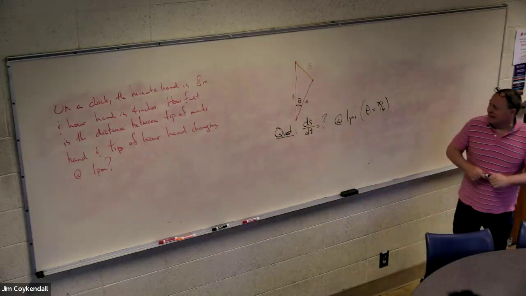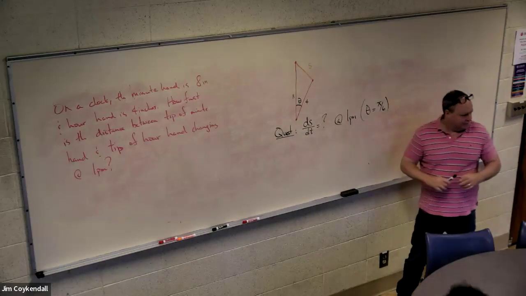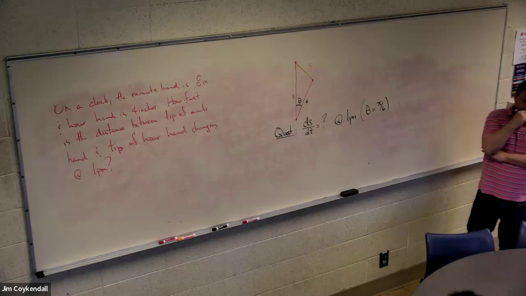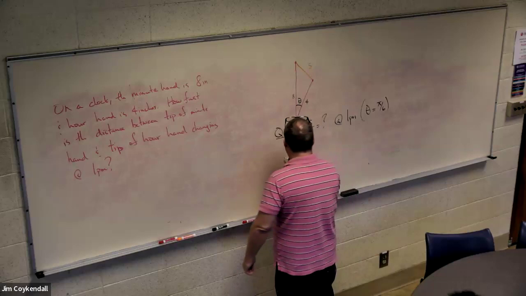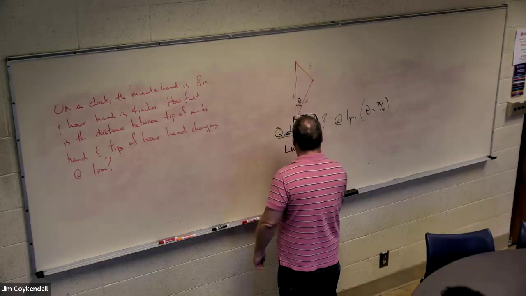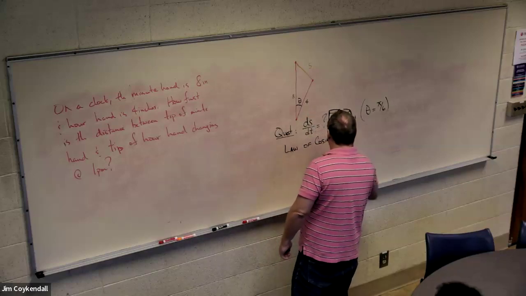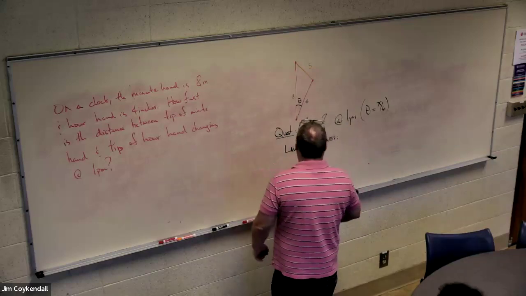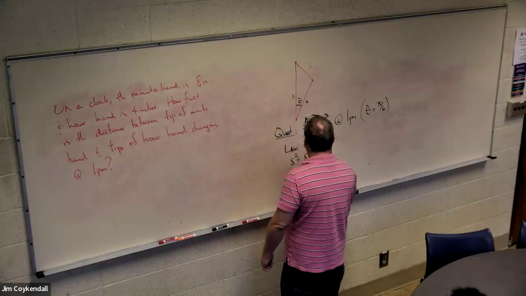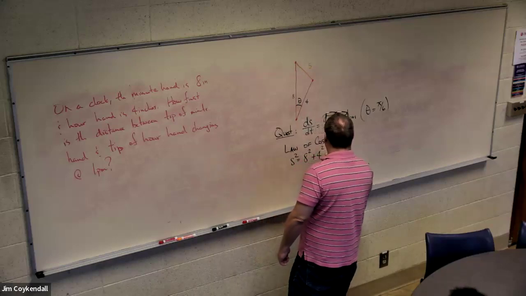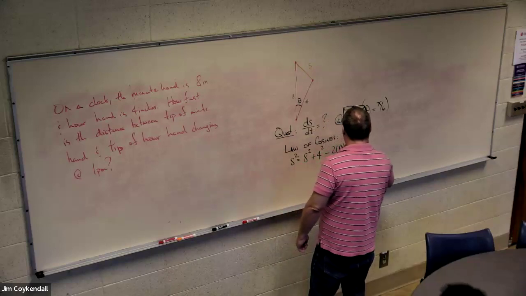Because actually it looks like I'm going to need something relating S and theta. I agree. This looks like a law of cosines. So applied to our particular situation, I have S squared is 8 squared plus 4 squared minus 2 times 8 times 4 cosine theta.